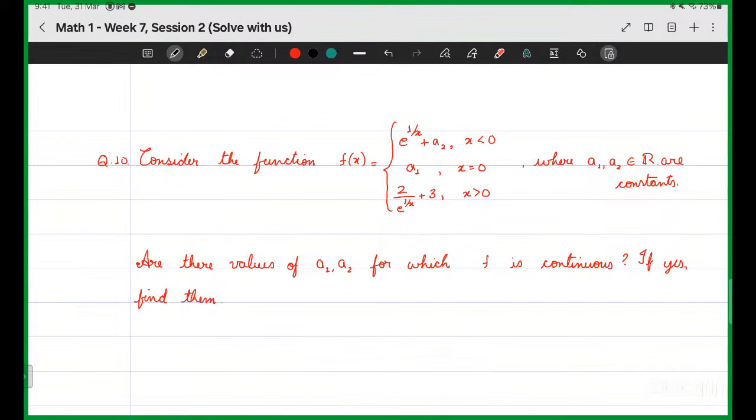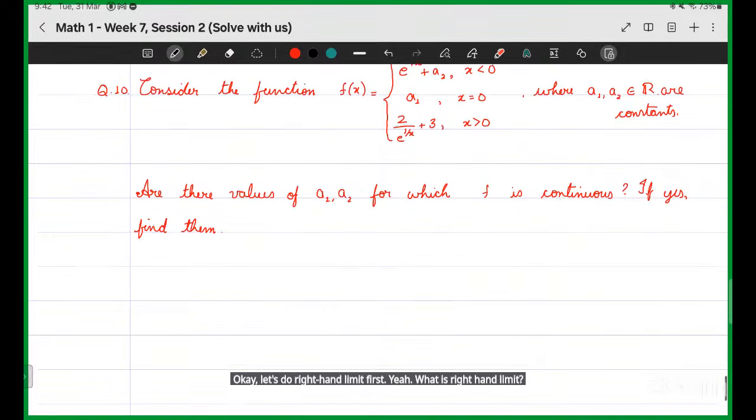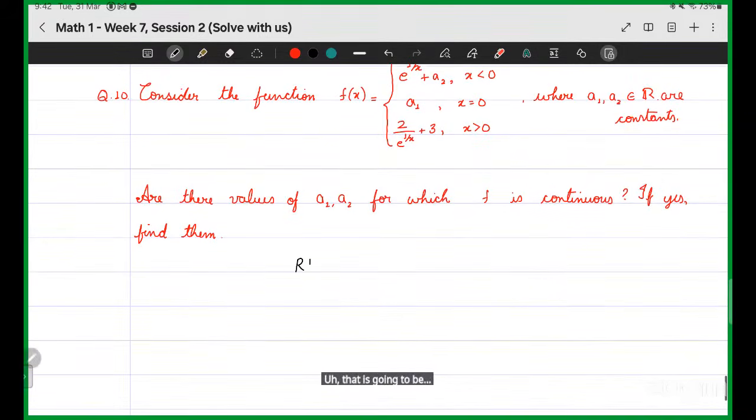Sir, we can find the right hand limit at x equal to 0. Okay, let's do the right hand limit first. What is the right hand limit? That is going to be 2 divided by... So how am I going to calculate this?